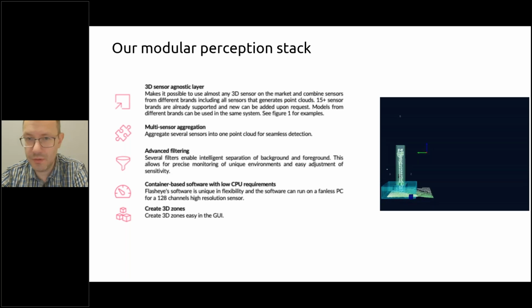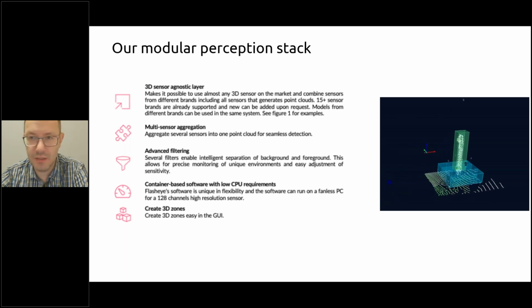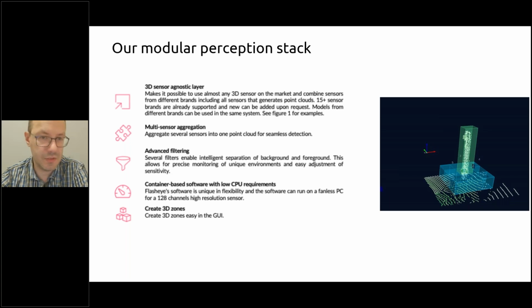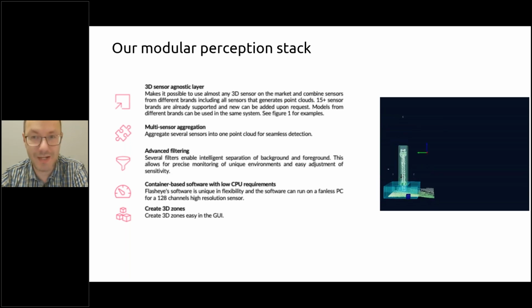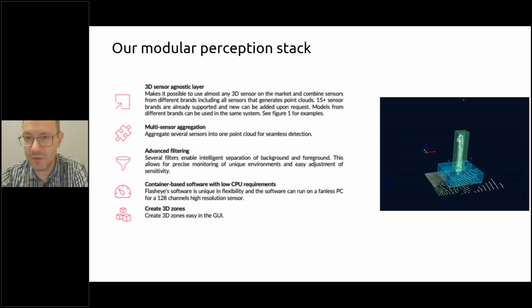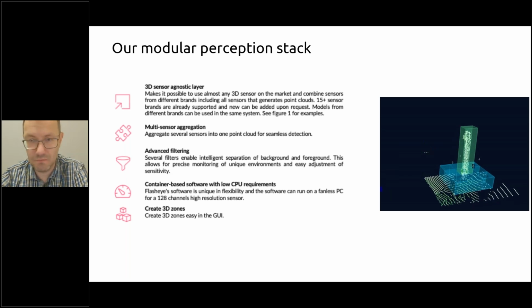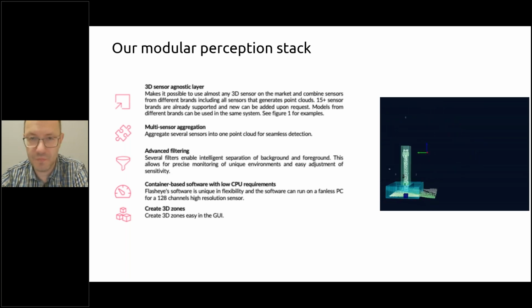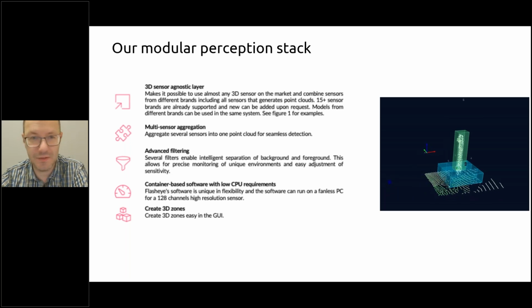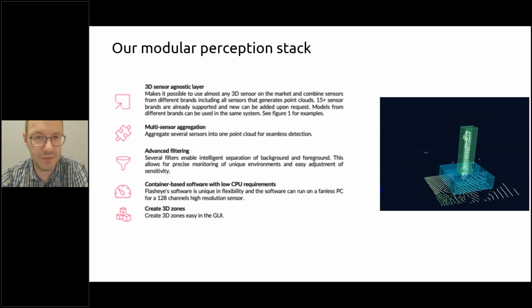By using a web browser, you can see a point cloud, you can create three-dimensional zones, and in some pictures, some screen recordings, you will see mainly rectangular or box kind of zones, but we are supporting also cones, cylinders, and now we are also introducing curved zones, where it is fairly easy to adjust the curvature of different shapes whenever necessary and then get information from inside the zone.